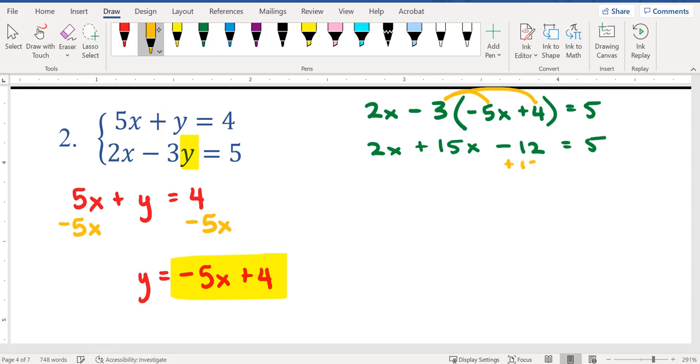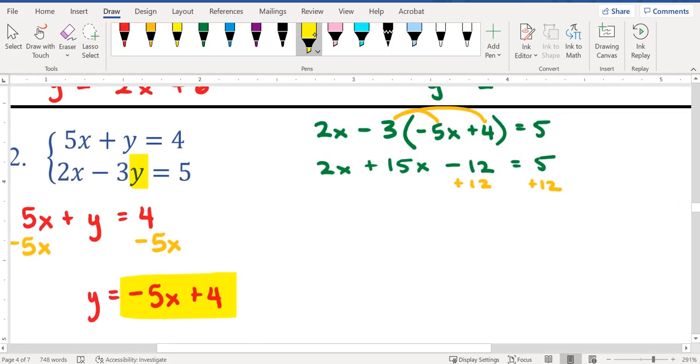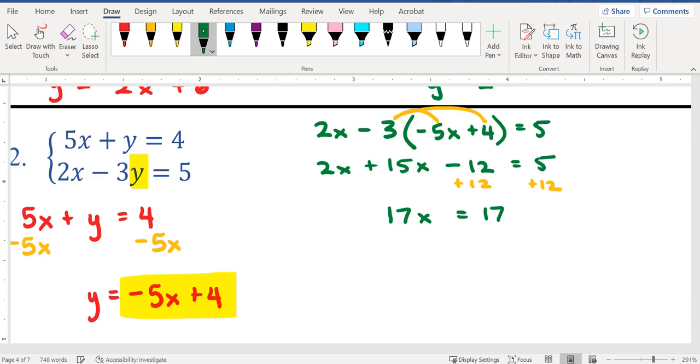I need to add 12 to both sides. And then if I combine the like terms, 2x plus 15x, I get 17x. So 17x equals 5 plus 12, which is 17. So what is x? Dividing both sides by 17 gives me x equals 1.